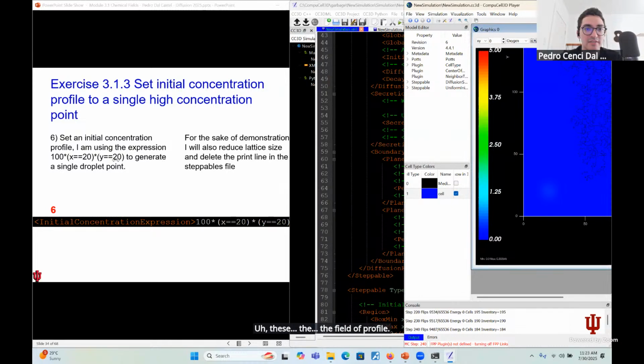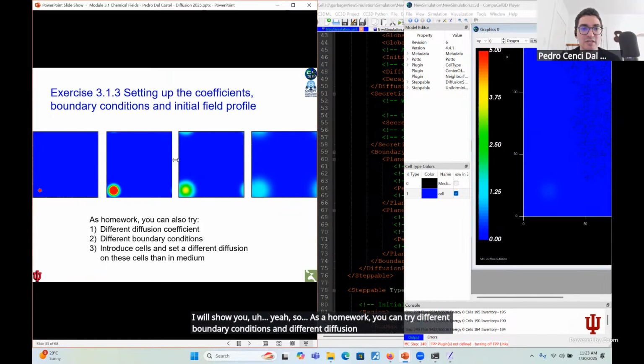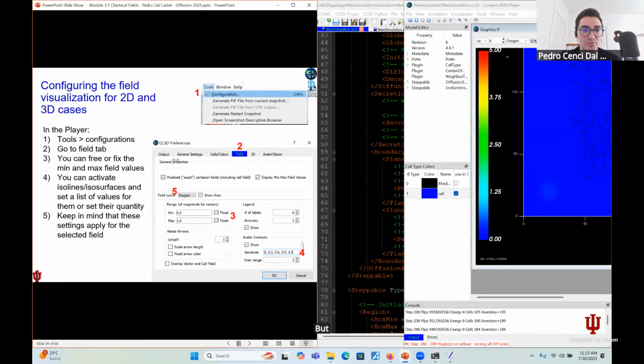So as a homework you can try different boundary conditions and different diffusion coefficient, but what I want to jump to is configuring the field visualization for 2D and 3D cases.